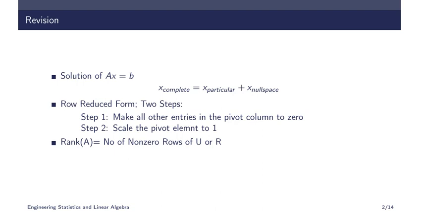To do that, we have to go for the row reduced form of a given matrix. First we have to convert it into echelon form or upper triangular matrix, and the step to convert to row reduced form is to make all other entries in the pivot columns 0 except the pivot element, using row operations. Once this is done, you scale the pivot element to 1.